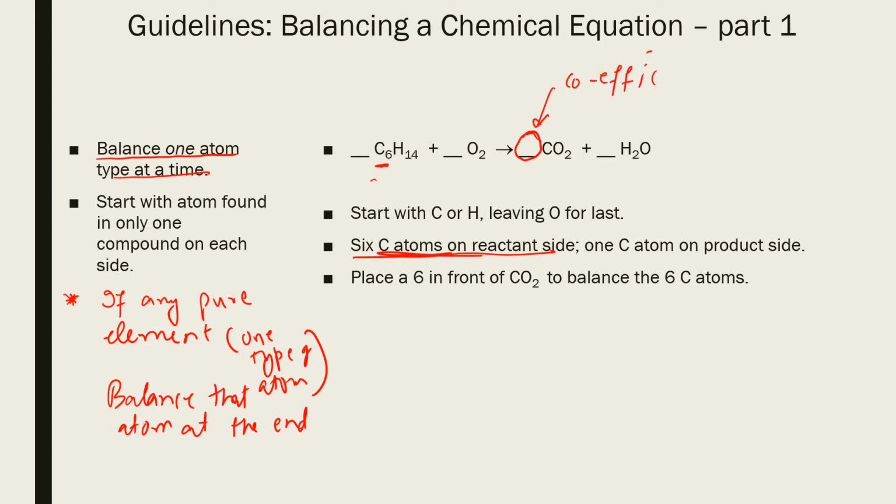Whichever number works, you can put it, and that number will be multiplied to all the atoms in that molecule. Because we have 6 carbon atoms, we must put 6 here, right? So now we have 6 on this side and 6 times 1, so that's also 6. Now our carbon is balanced. Okay, so now we are done with the carbon.